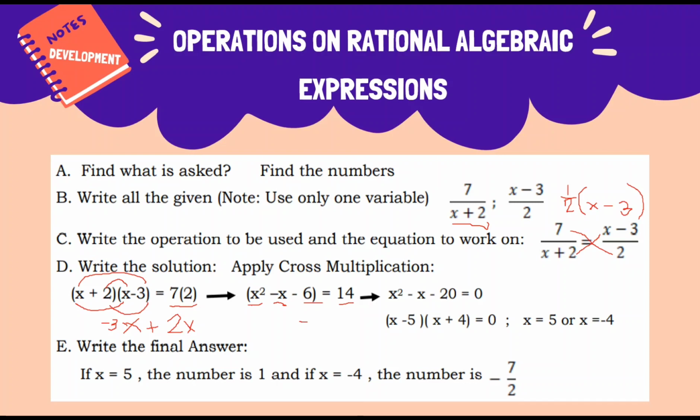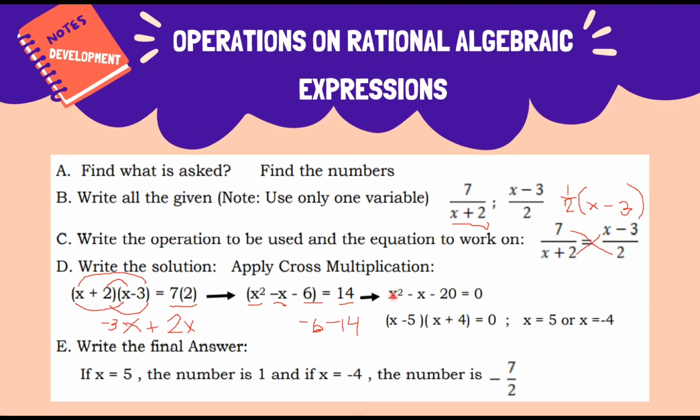So it becomes negative 6. And then minus 14. So since tayo ay parehas ang sign, we have this negative. Okay. So we have negative and negative. So we need to proceed to addition, and then copy the similar sign. We have negative 6 plus 14. We have 20.